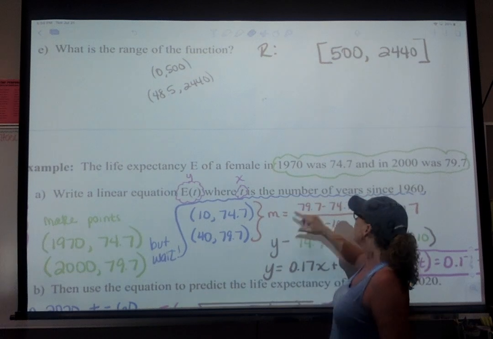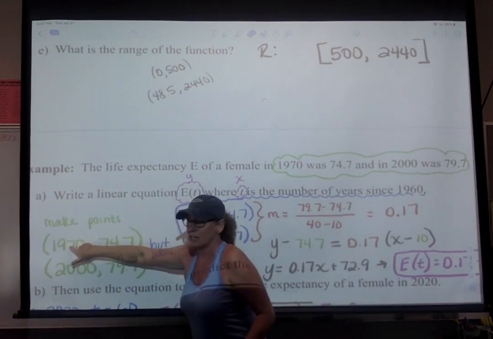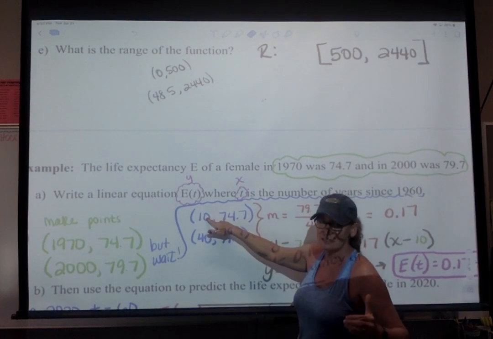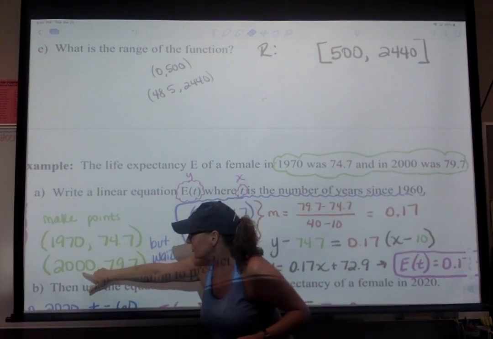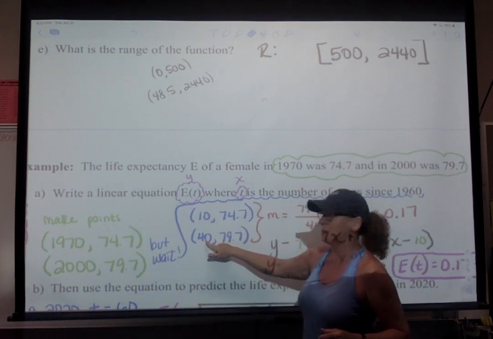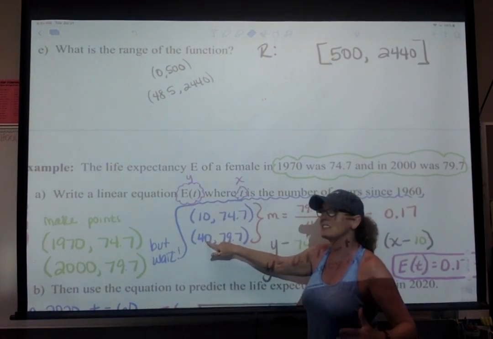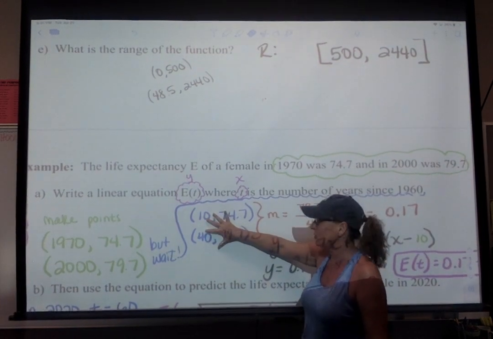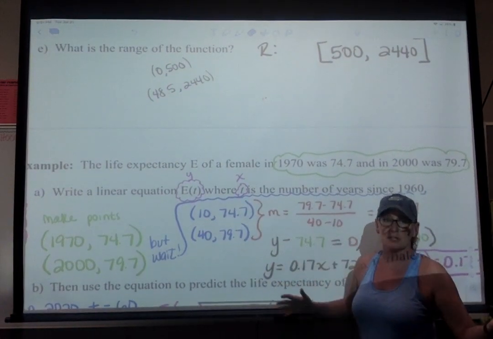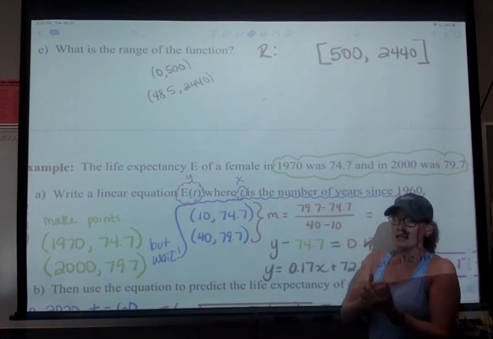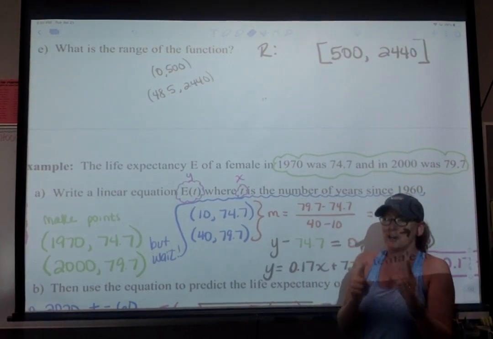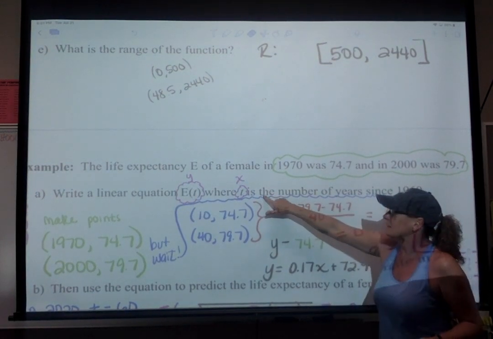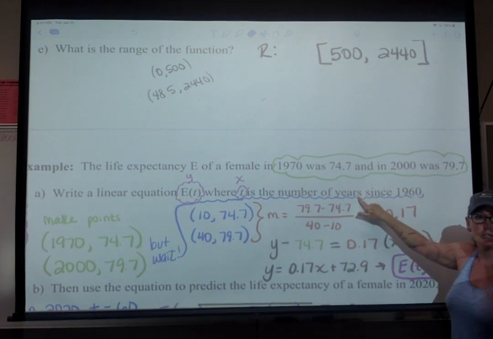So instead of writing the year 1970, I'm going to write 10 because that's 10 years since 1960. And instead of writing 2000, I'm going to write 40 because that's 40 years since the year 1960. These are the points you want to use in your problem so that your numbers don't get out of hand and they're not too big. Now, important note, especially when you're doing My Math Lab, when you're taking a test. If it doesn't tell you to do this, don't do it.